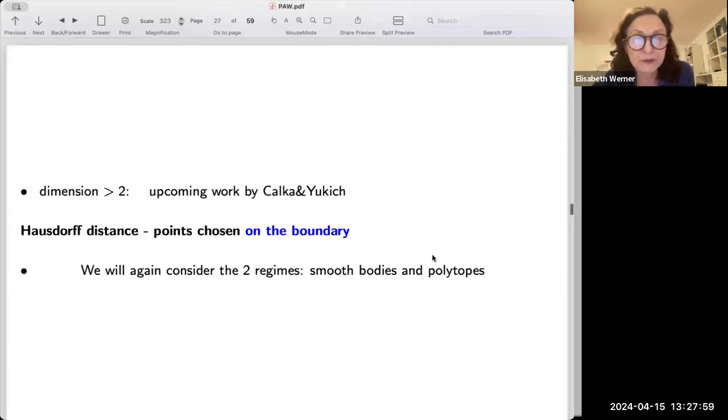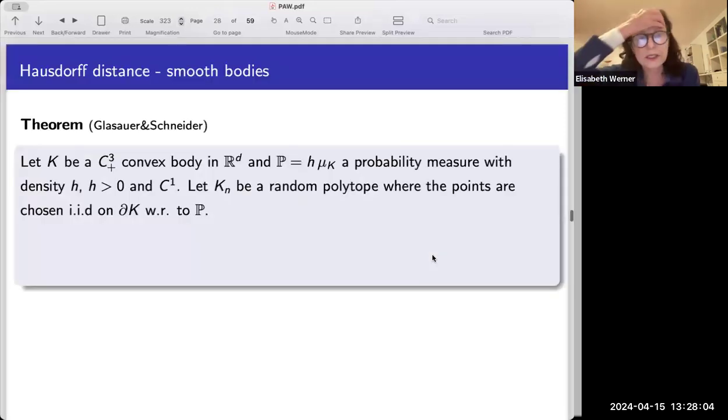We'll again consider 2 regimes, smooth bodies and polytopes. So let's start with the smooth bodies and the Hausdorff distance when the points are chosen on the boundary. So what's the setup? K is now a C3 plus convex body in R^d. C3 means the boundary is 3 times continuously differentiable, and the little plus stands for that the Gauss-Kronecker curvature at every boundary point is strictly positive.